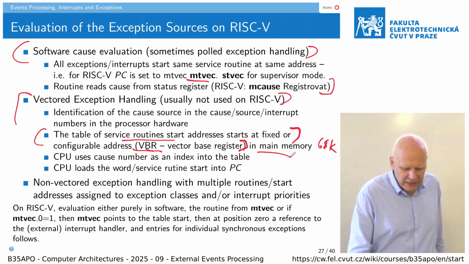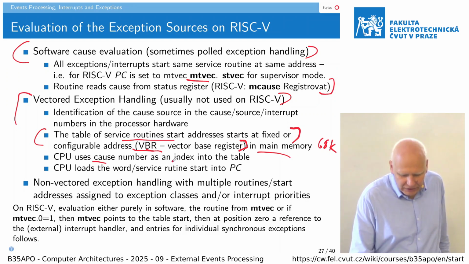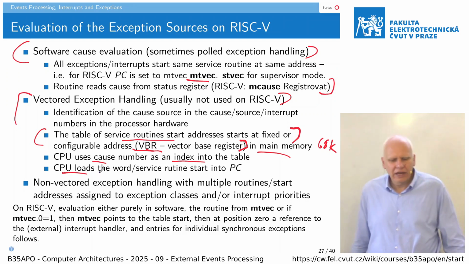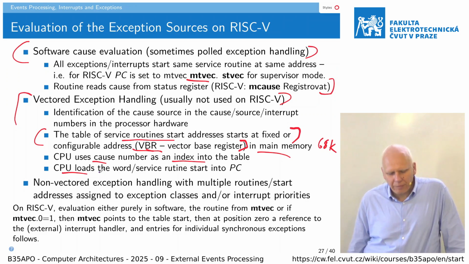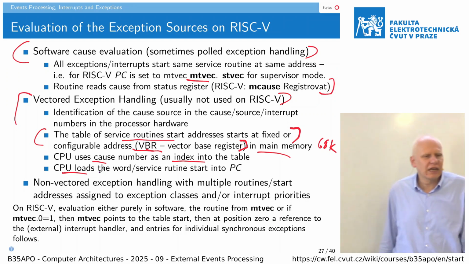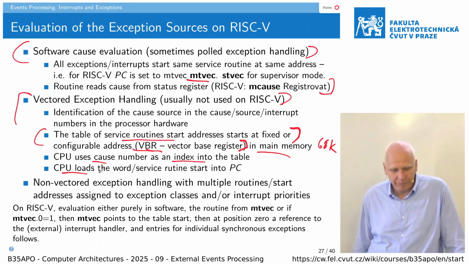In this case, the cause number is converted to an index, and the CPU loads a word directly from that entry in the table and starts a specific routine. This is how it is done, for example, on Cortex-M.